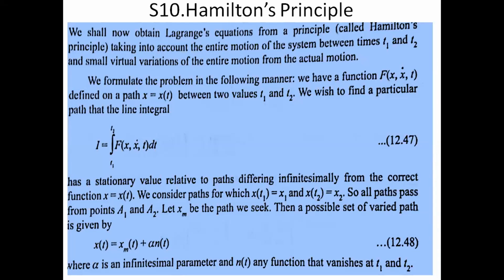S10. I discuss now Hamilton's principle. In short, I consider a functional f of x, x dot, and t. A function of a function is called a functional. I've written function, but should have written functional, because x is a function of time and x dot, the velocity, also is a function of time. I consider a line integral of this functional with t1 and t2 as the lower and upper limits.